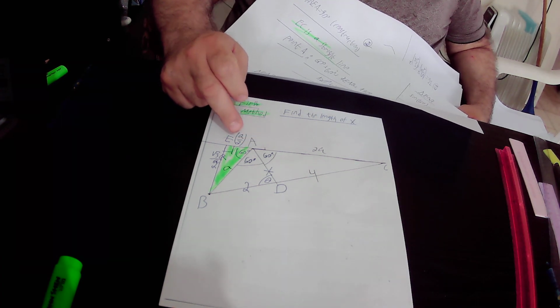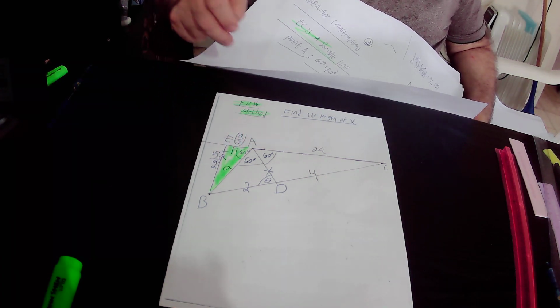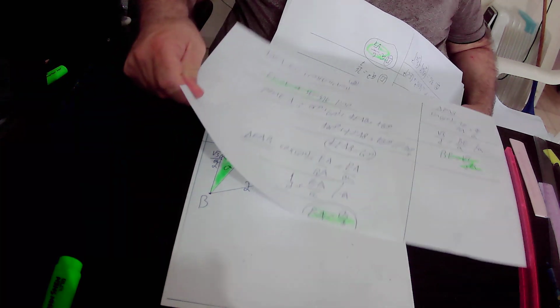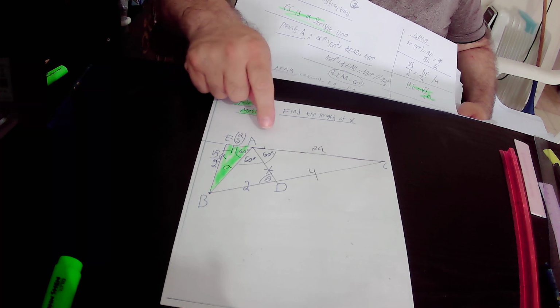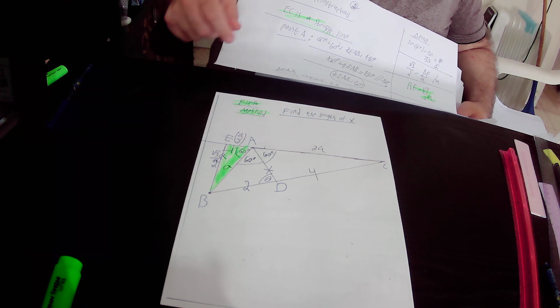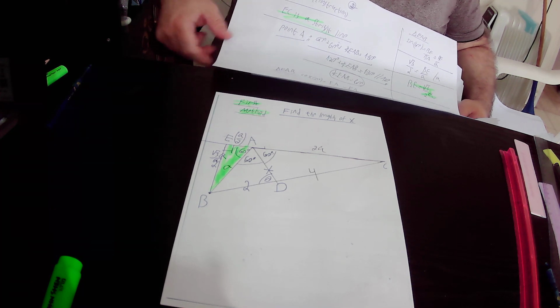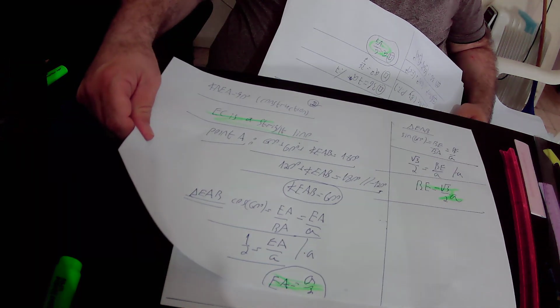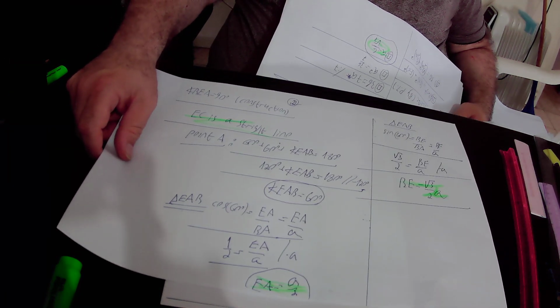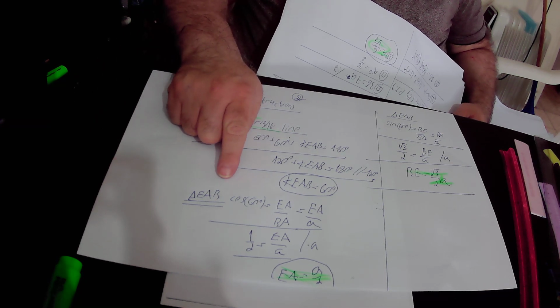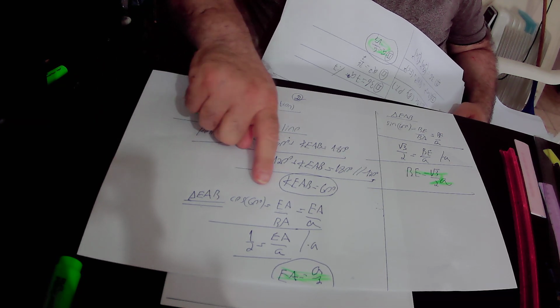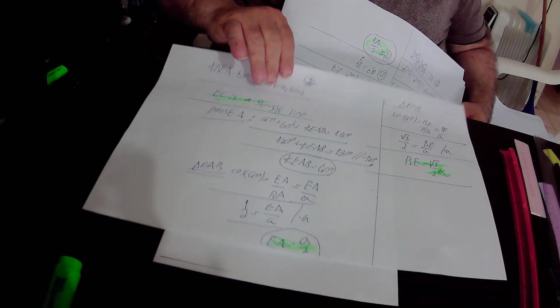Then we focused on the right green triangle, triangle EAB. In this right triangle, it is very easy to see that cosine 60 degrees equals EA over BA.